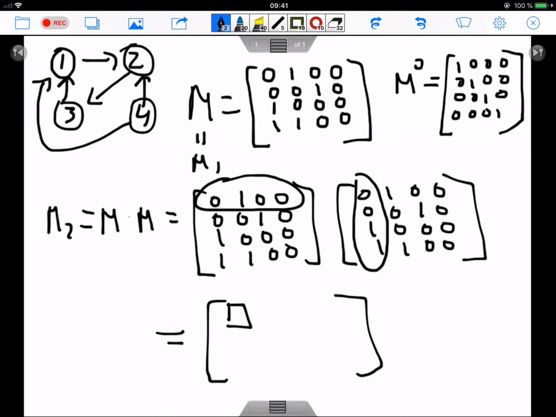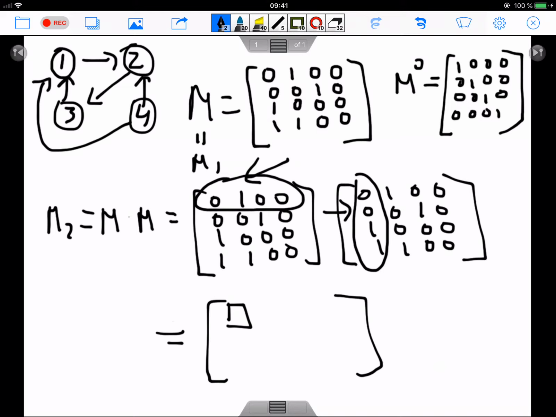But notice that since all the elements are Boolean, we only care about the ones in this row. So we are going to multiply all the other elements by 0 and only the elements in this row by 1.